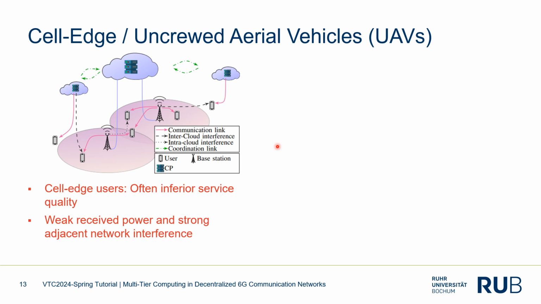One of the major challenges in those networks is how to deal with cell edge users, as illustrated here, because they often have inferior service quality, such as very weak received power and strong adjacent network interference.